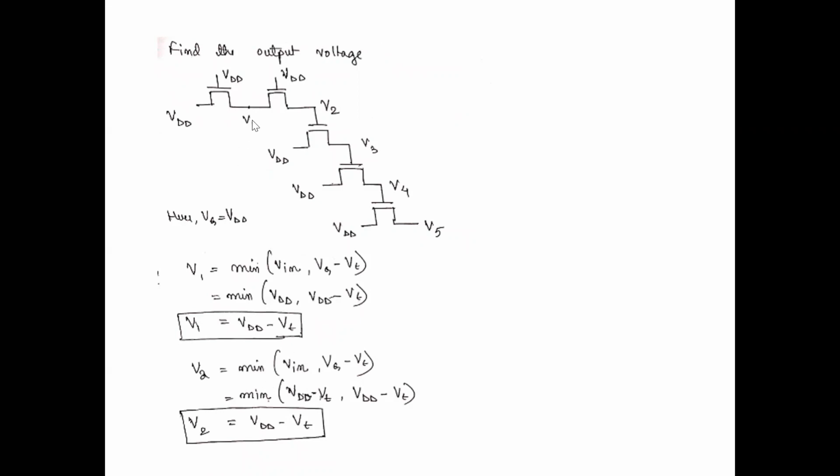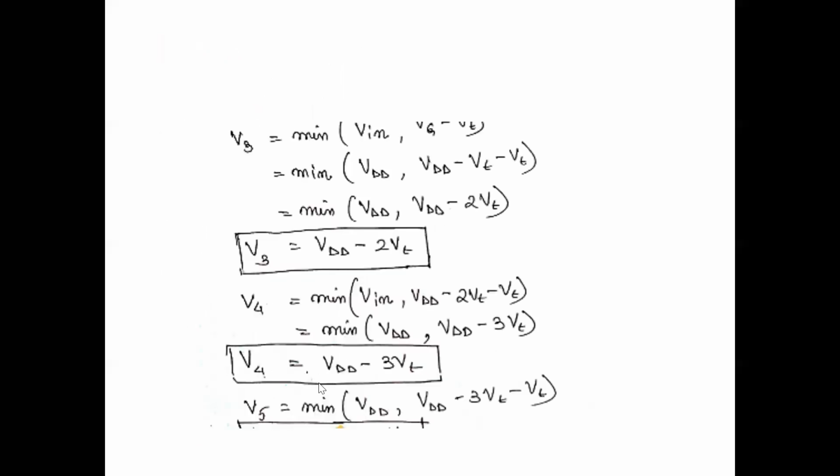This V1 is nothing but the input to the second transistor. So Vout2 will be, the output from the first one is nothing but Vin for the second one, minus Vg minus Vt. Vg is again given as VDD. So it is VDD minus Vt, comma VDD minus Vt. It is the same, so it is VDD minus Vt.